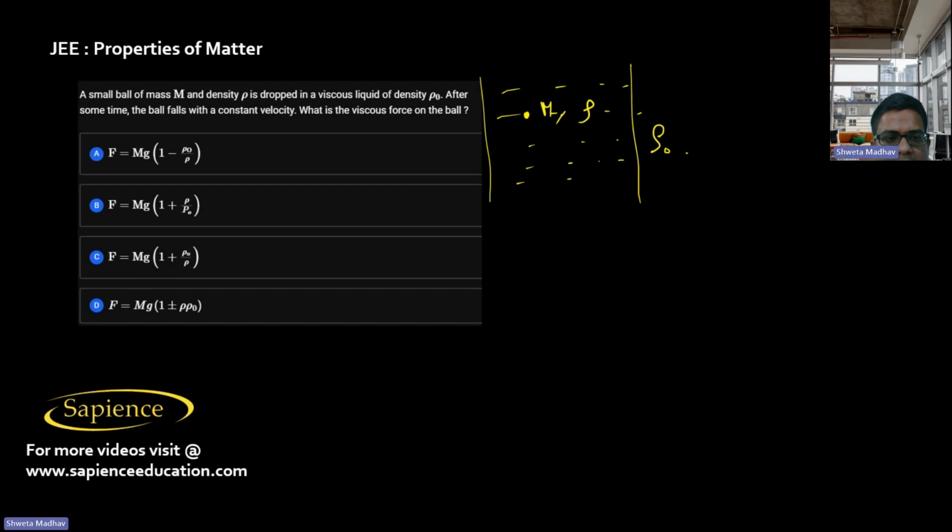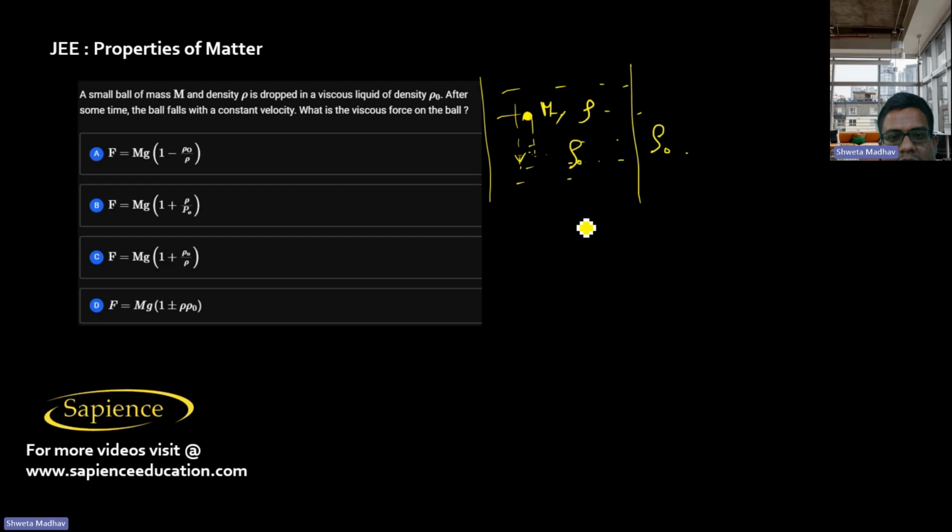After some time, the ball falls with a constant velocity. What is the viscous force on the ball?